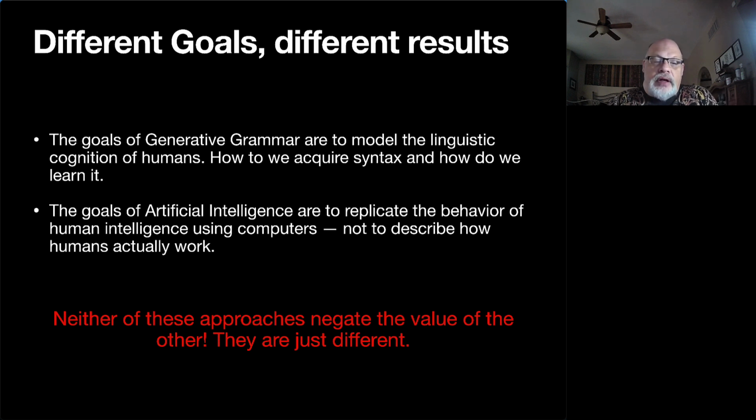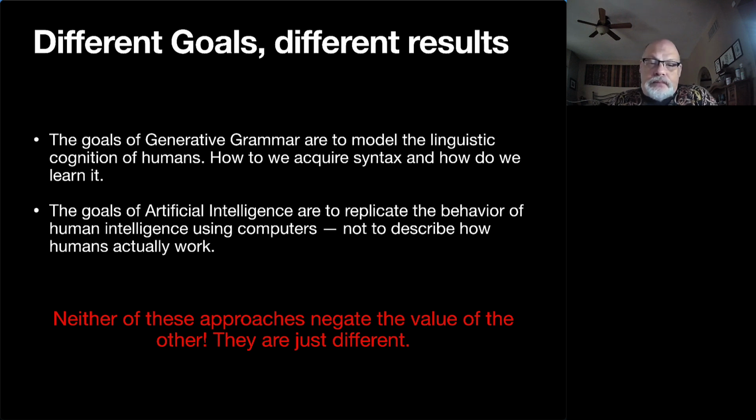I think it's worth noting that neither of these approaches negate the value of the other. Just because generative grammar is good at describing human cognition, and artificial intelligence is good at replicating the performance of that system, doesn't mean that one or other of them is right or wrong. They're just inherently different.